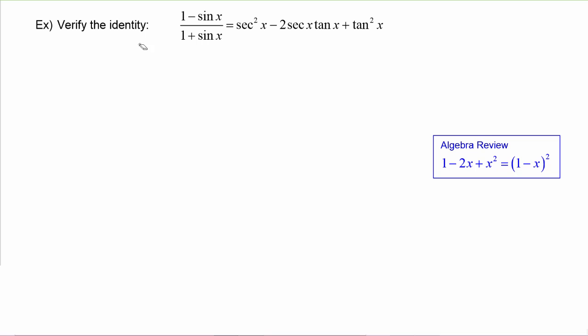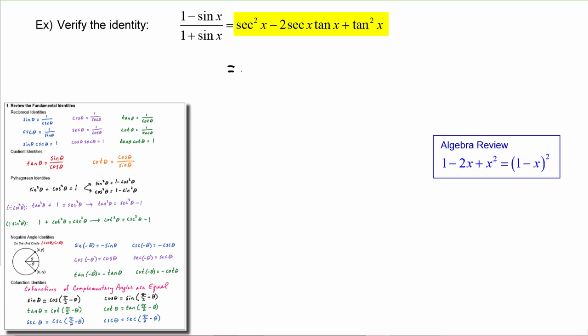To verify the identity in this next example, I would probably be tempted to start with this right-hand side and change it into sines and cosines. We know that secant squared of x will become 1 over the cosine squared of x minus, we have a 2, this secant of x, of course, will be 1 over cosine of x.